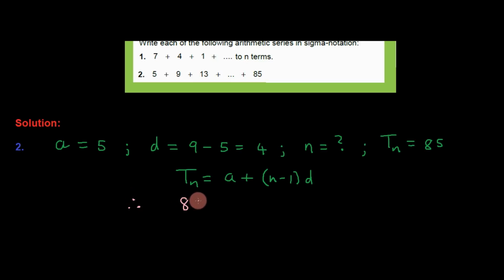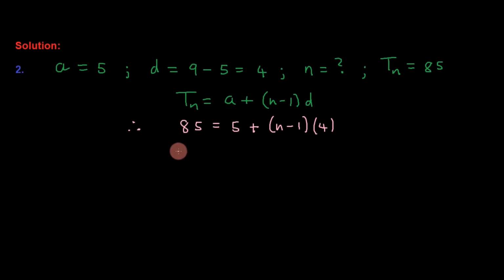So 85 equals A plus n minus 1 times D. So we see that 4 into n minus 1 equals 85 minus 5, which is 80. So n minus 1 is 20, and n is equal to 21.